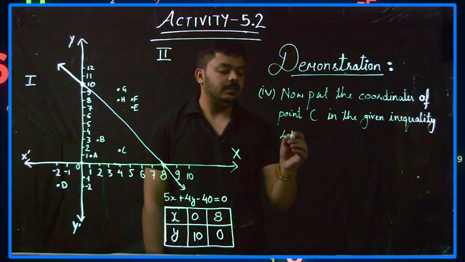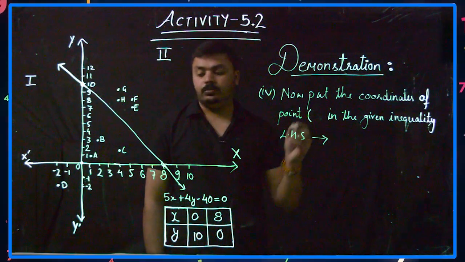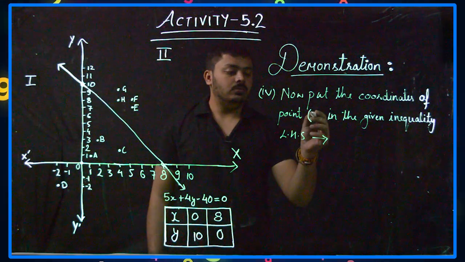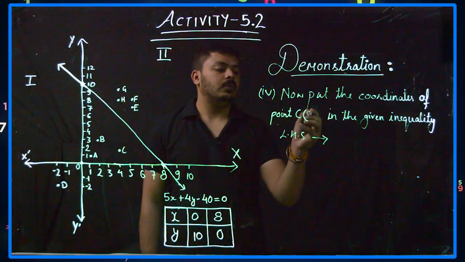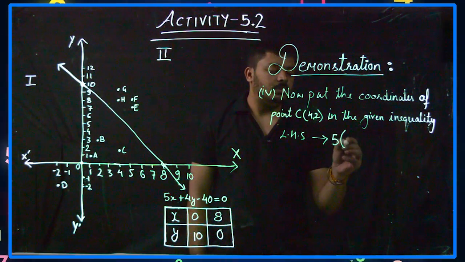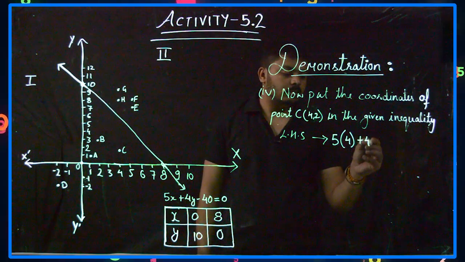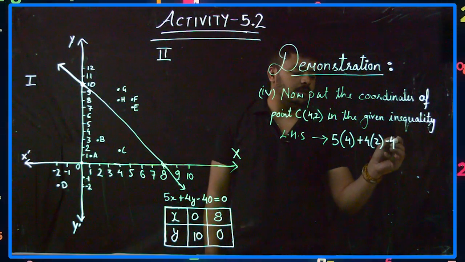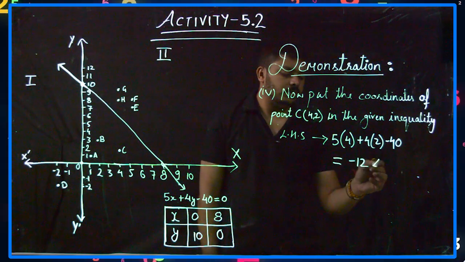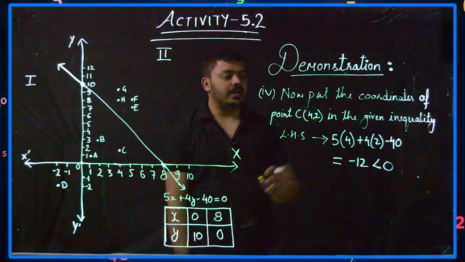We get LHS, that is left hand side of the inequality, when we put the coordinates of point C, which is (4, 2): 5 into 4 plus 4 into 2 minus 40, which is equal to -12, which is less than 0. Hence, we can say the point C satisfies the given inequality.